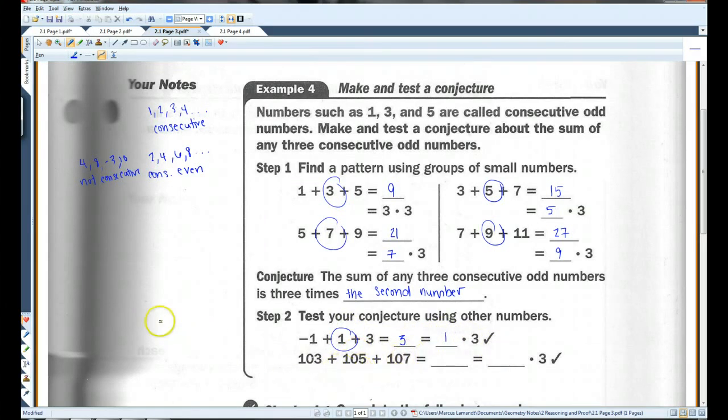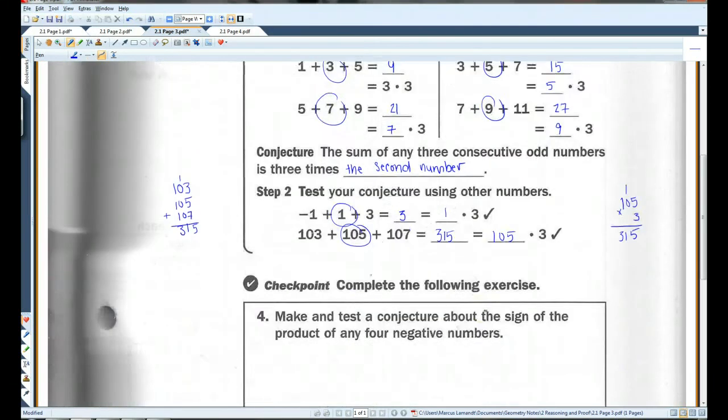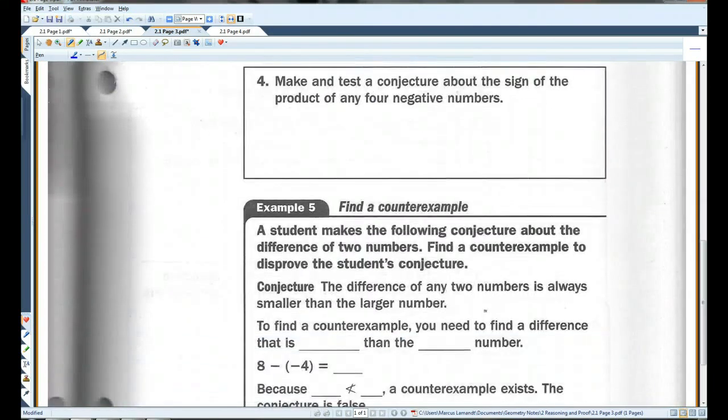Here, this gives us 315. Middle number is 105. 105 times 3 is 315. We're good. So both of those work. Alright, now I'll let you guys do that checkpoint.